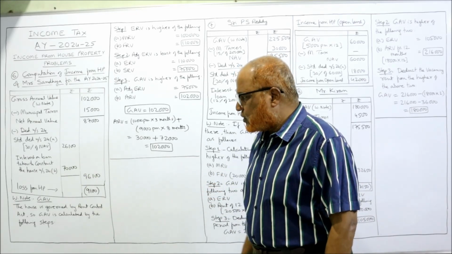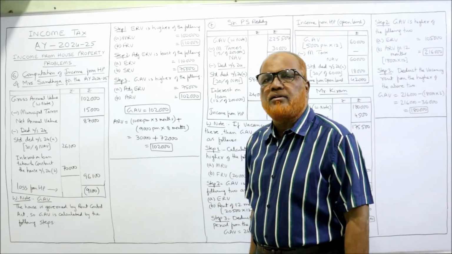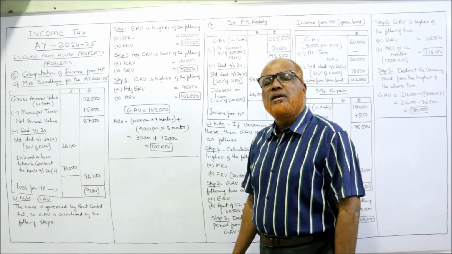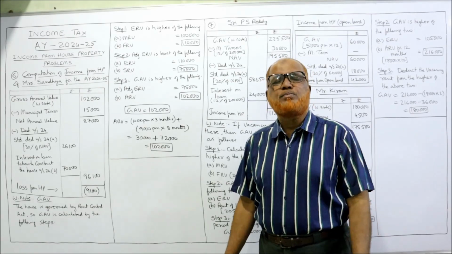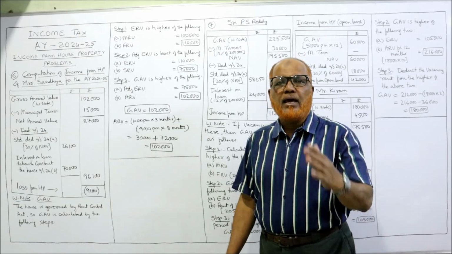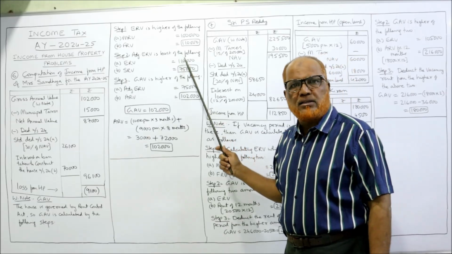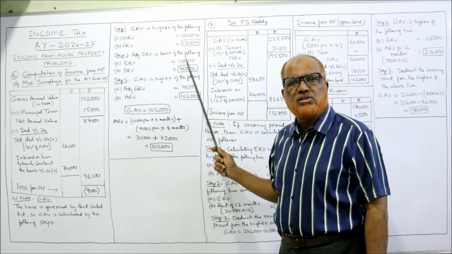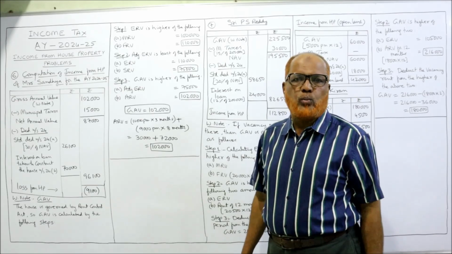Then, in the working note, the house is governed by the Rent Control Act, so GAV is calculated in the following 3 steps. The first step is calculating the ERV, expected rental value, which is the higher of the following 2: MRV and FRV. MRV 1 lakh, FRV 1 lakh 10,000, given in the problem. Higher is 1 lakh 10,000. This 1 lakh 10,000 is called ERV.